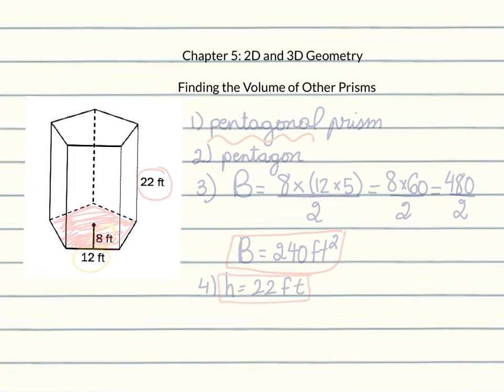This takes us to step number 5, identifying the volume. So V, capital V, is equal to capital B multiplied by H. That's 240 multiplied by 22 to give us an answer of 5,280, the unit of course, feet to the power of 3.